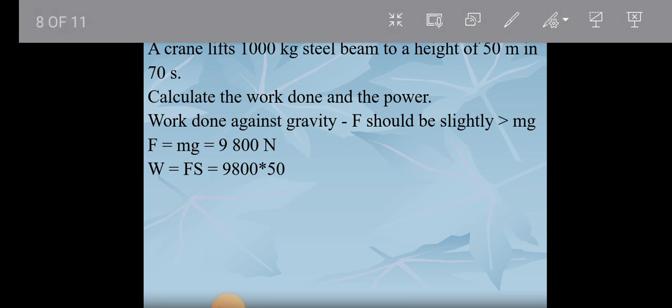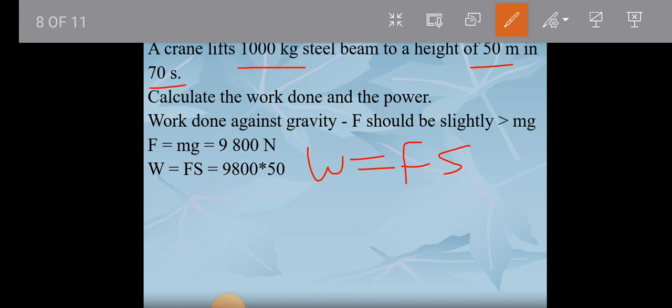What did we say? For you to calculate the work done, you are going to need the force times the distance. And the question states that the crane lifts a 1000 kg steel beam to a height of 50 meters in 70 seconds.